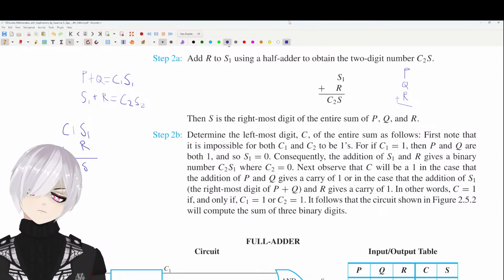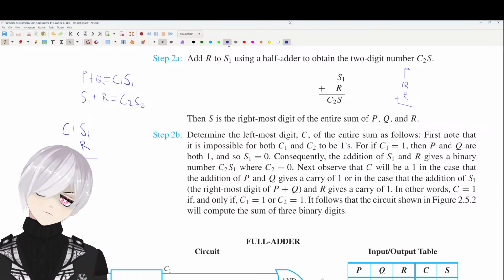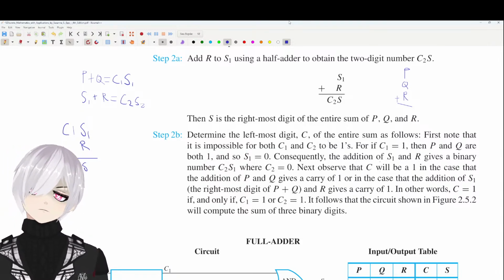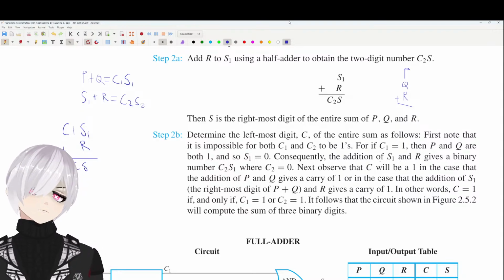Firstly, if C1 is 1, then C is going to be 1. The reason is that if C1 is 1, then P plus Q has to be equal to 1 something, because C1 S1 is 1 S1. S1 has to be 0, because if you're adding two binary digits and you get 1 something, the only way for that to happen is 1 plus 1 equals 1 0.